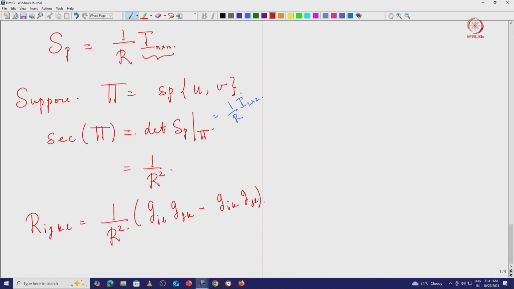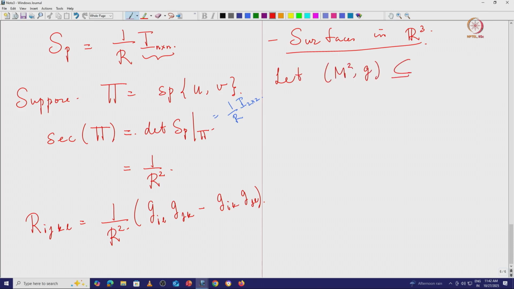Alright, so next I want to talk a little bit about surfaces in R3, because this is historically what kick started the field of Riemannian geometry, right. So now I want to restrict to M2 contained inside R3, a Riemannian submanifold hypersurface.